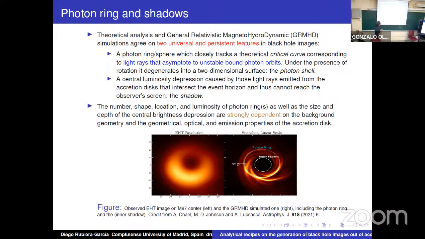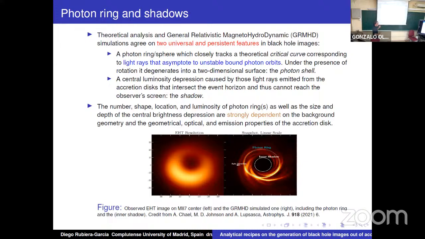So the photon ring is something that closely tracks what is called the critical curve. The projection of the photosphere on your screen is called the critical curve. And this critical curve is correlated with the photon rings, because there can be more than one. There is only one critical curve, which is the projection of the photosphere on your screen. But the photon ring, which is the actual ring that you observe, can be decomposed in more than one. Okay, so there are three different things.